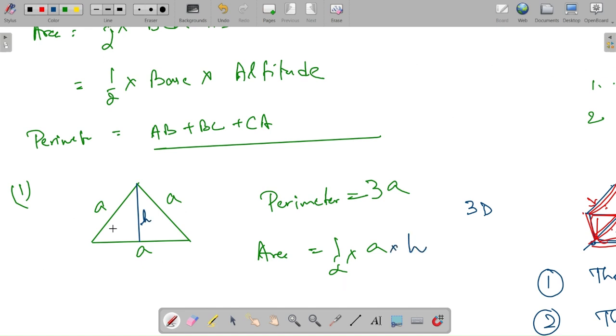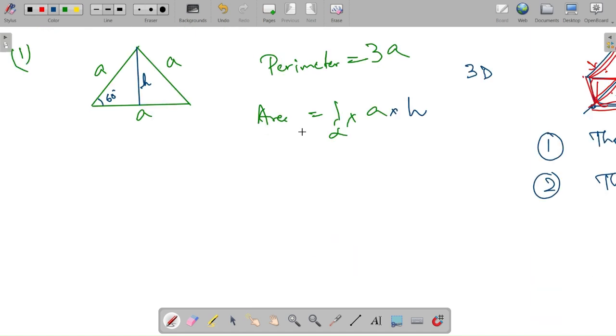Now what is the angle for each of the angles in an equilateral triangle? This is 60-degree, correct? And this is 90-degree, this is an altitude. So we have h by a, perpendicular by hypotenuse for this triangle.